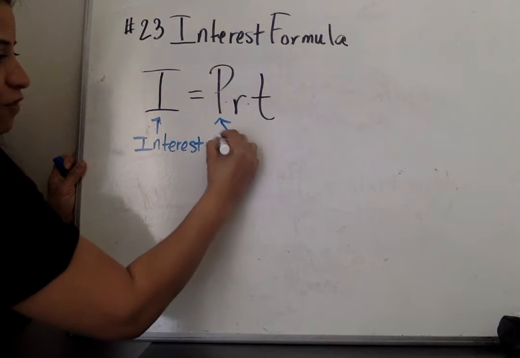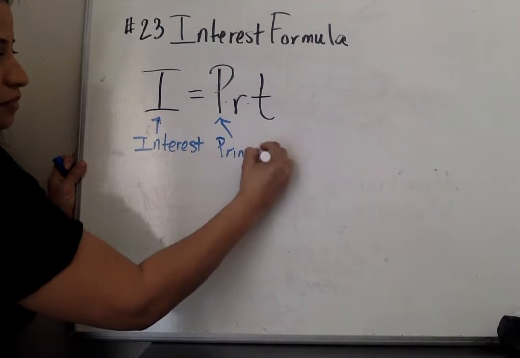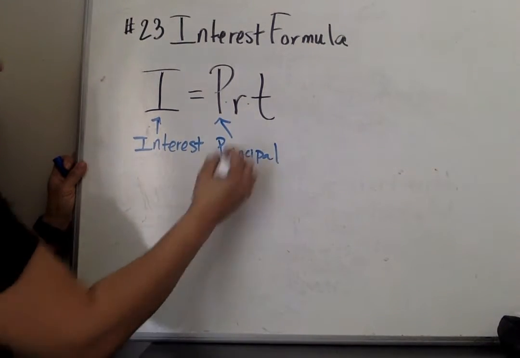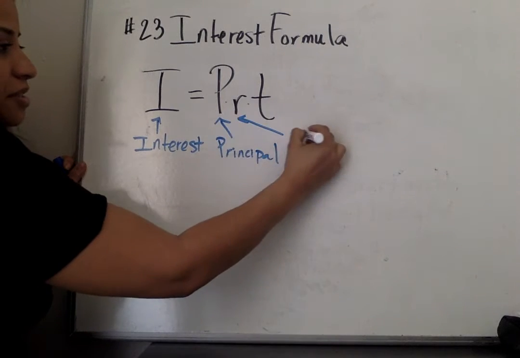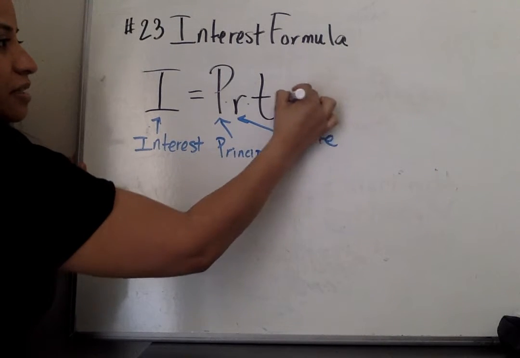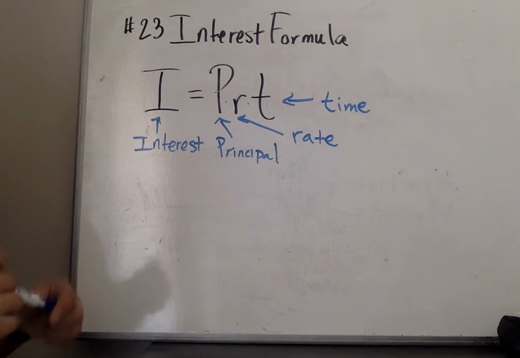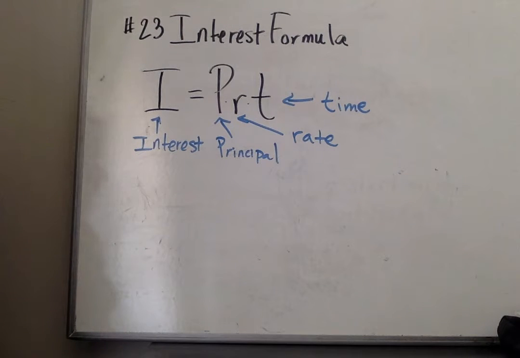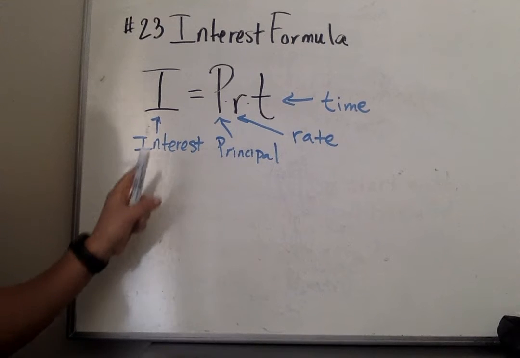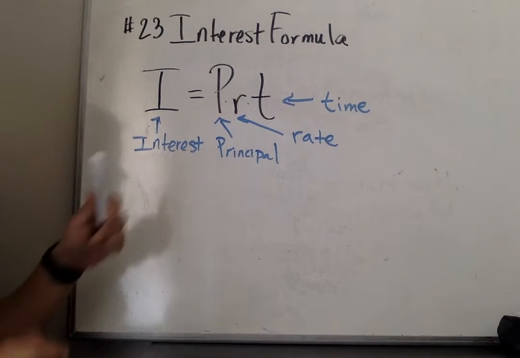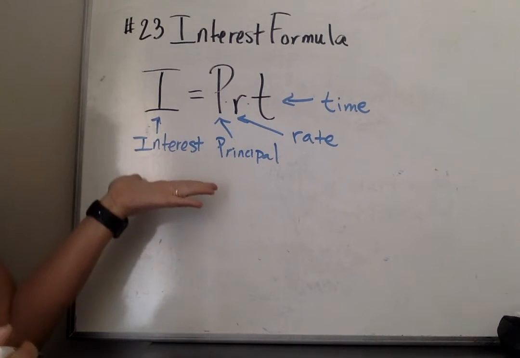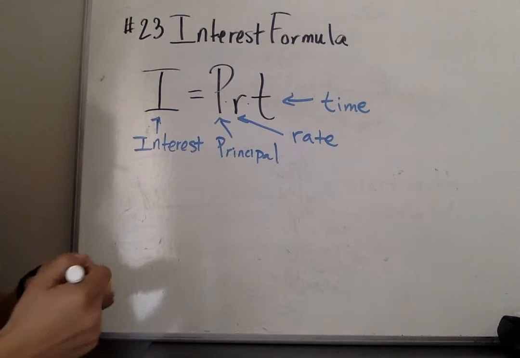The P stands for principal, or principal amount. The R stands for rate, and the T stands for time. Okay, so interest is the amount you're going to pay over time for the amount that you're borrowing, which is the principal, okay?